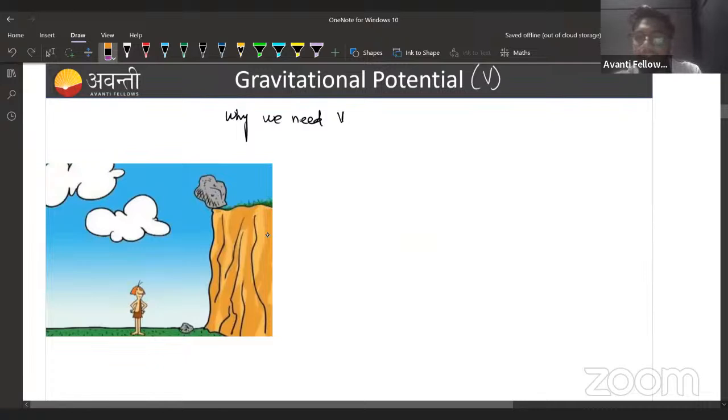Let me give you a quick recap of what I have said till now. Gravitational potential, why do we need that? Since force and gravitational field are vector quantities, they are very hard to deal with. So what physicists 250 years ago did was they introduced a scalar quantity, which is called gravitational potential.